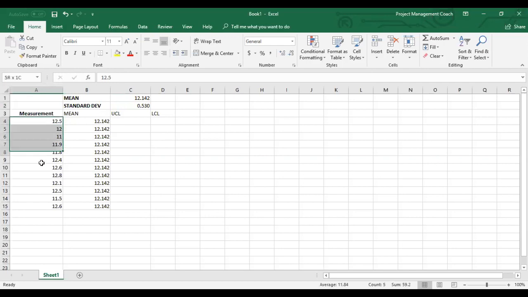If you really wanted to calculate this, it's a bit of a long one. So you would have to find the mean, which we have, and then you would calculate this minus this, this minus this, on and on until you find all of the differences. You would square them, and then you would unsquare them. It's too long to talk about here, but let's focus on getting the UCL formula.